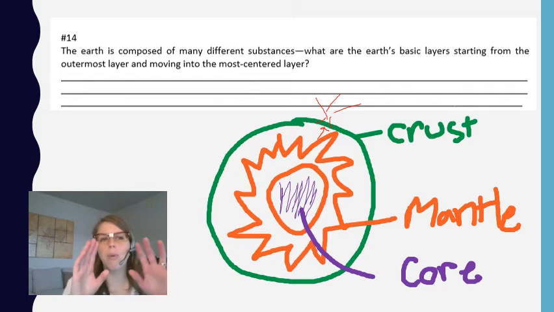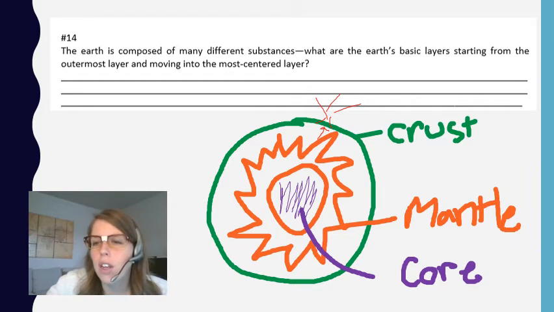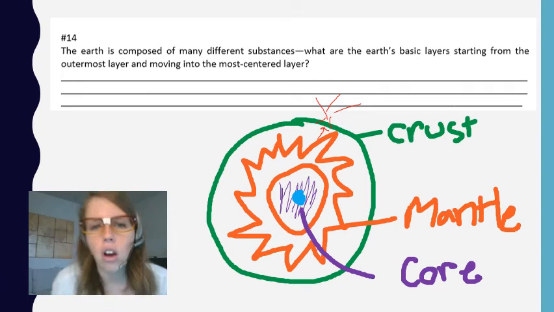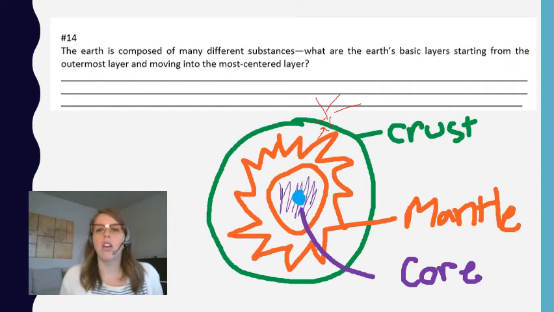And sometimes people will break up the core into an outer core and an inner core. You may see that sometimes, where there are two separate cores, outer core and inner core. But these are the three basic layers, starting from the outermost: the crust, and then the mantle, and then the core.